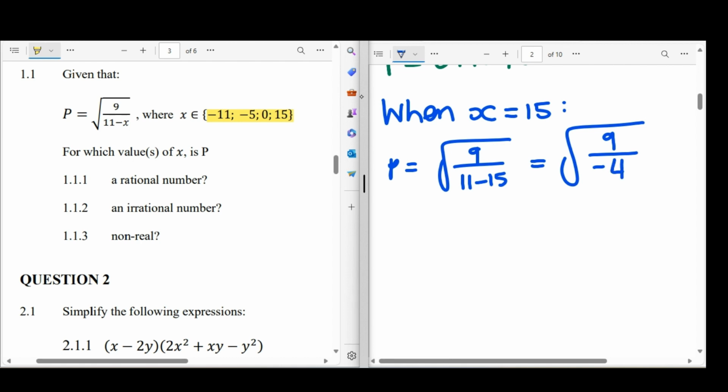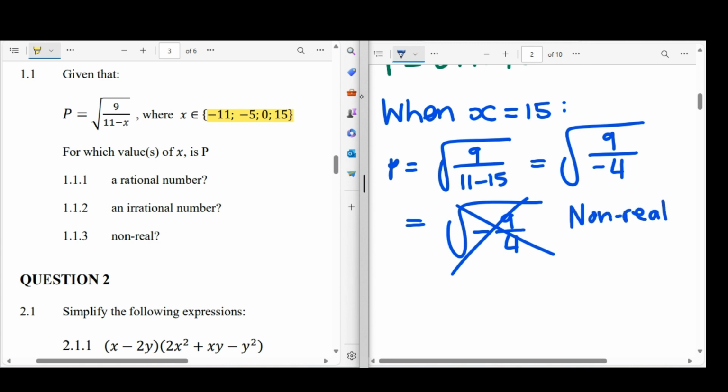We're going to work out the square root of that. What we are going to find is this is going to give us an error, because you can't take the square root of a negative number. So this is 9 over negative 4. You can't do that. So it's going to give us an error, a non-real answer.